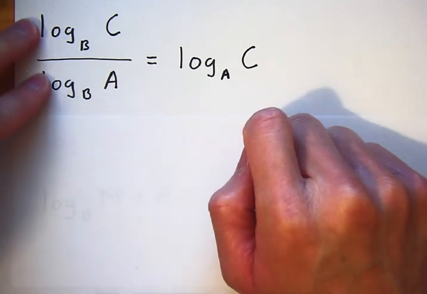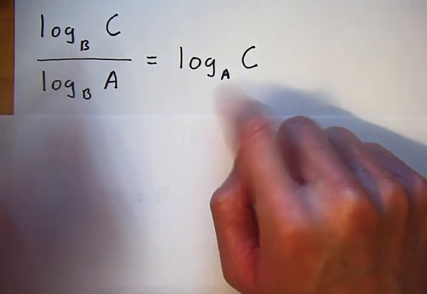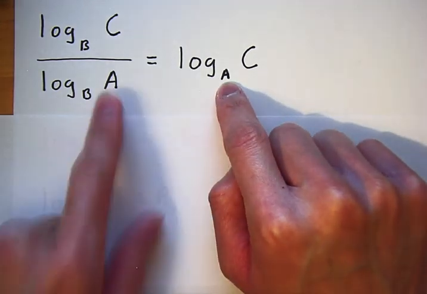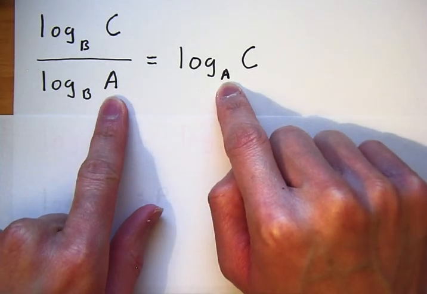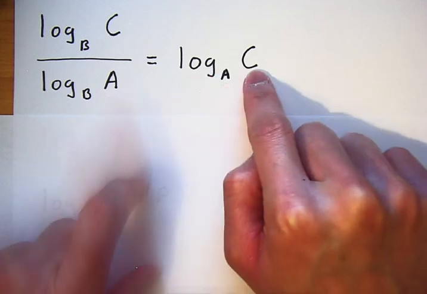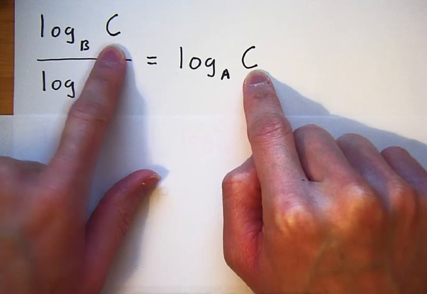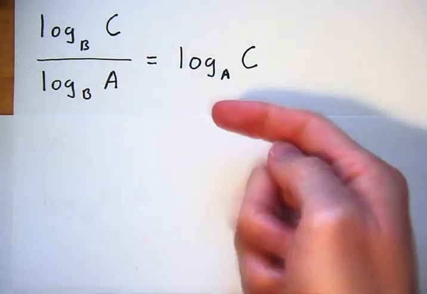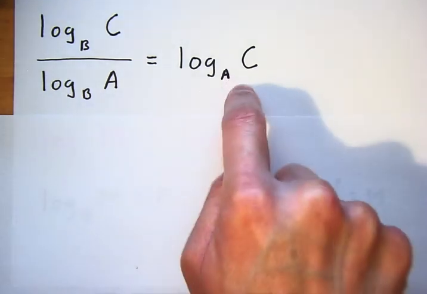So if you divide two logs with the same base, you can write that as one log, and the base is now that bottom number. And then this is log base A of whatever was on top. This is often used in the opposite direction to change one log into two as well.